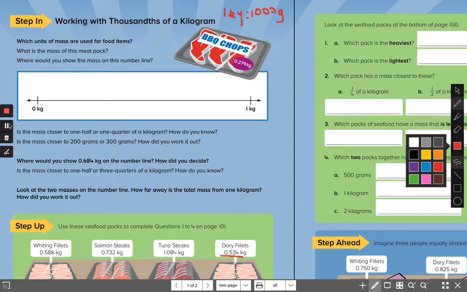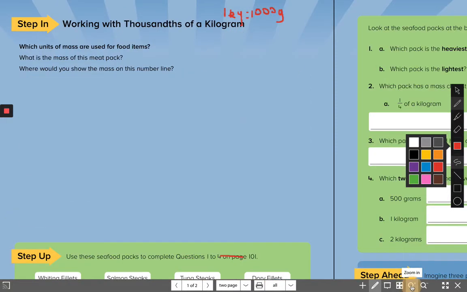So when we are asked what is the mass of the meat pack, we can say it's 0.279 of a kilogram, or if we know our place value and conversion very well, we can confidently say that's actually 279 grams.